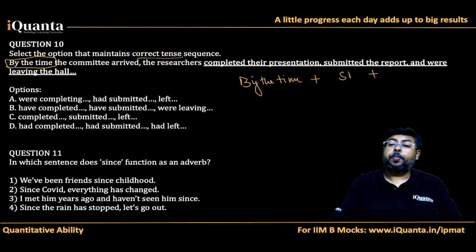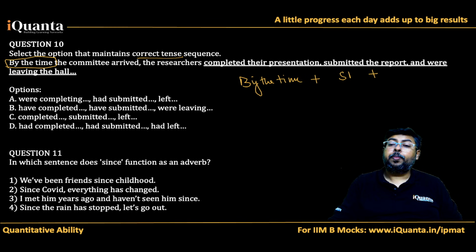Always remember, if sentence 1 is in past, and here, by the time the committee arrived, it is in past, right? So whenever the first sentence is in past, the second sentence has to be in past perfect. Simple rule.